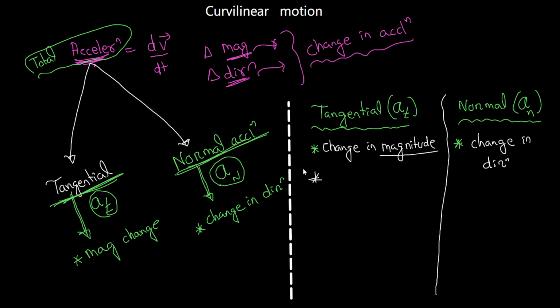We know the velocity is always along the path, so this one will also be along the path. So I will write it this way: the tangential acceleration is collinear with the path, or I can say with the velocity vector.